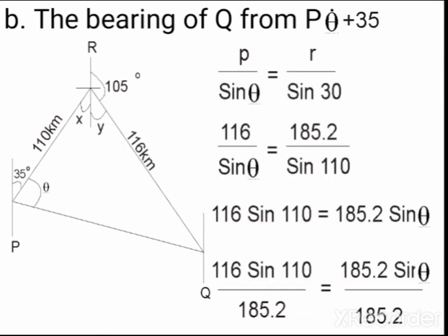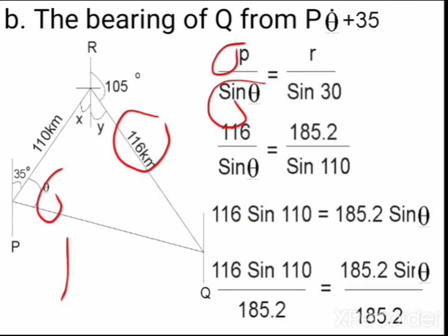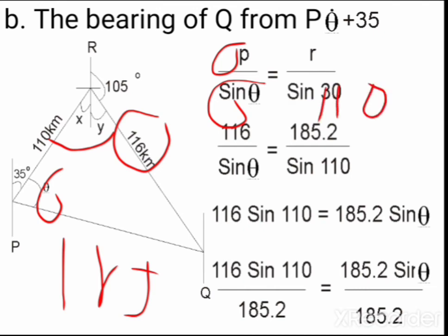So remember, sine rule will state that p over sine P is equal to r over sine R. So p over sine theta is equal to r divided by sine R, which is 110, not sine 30, sine 110.